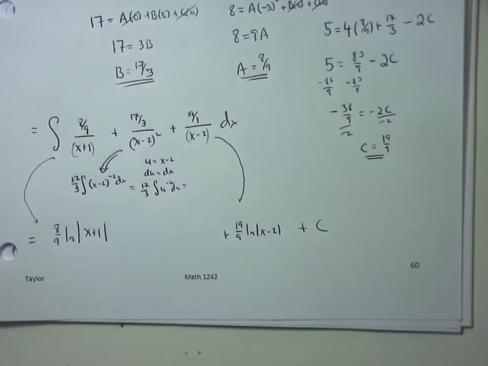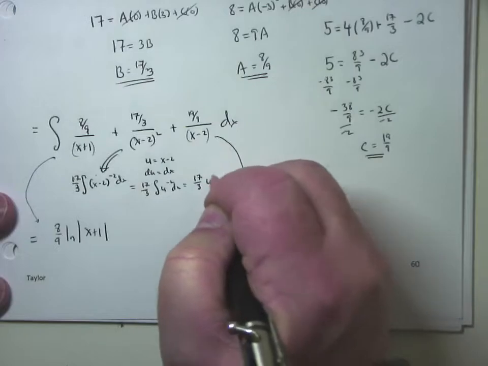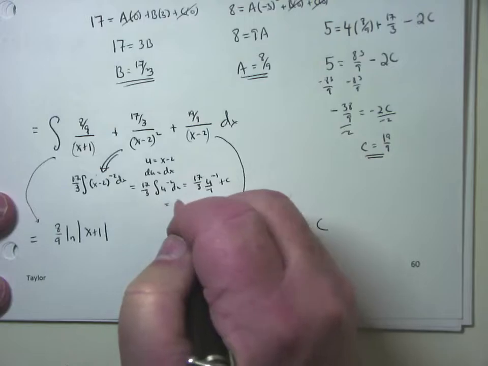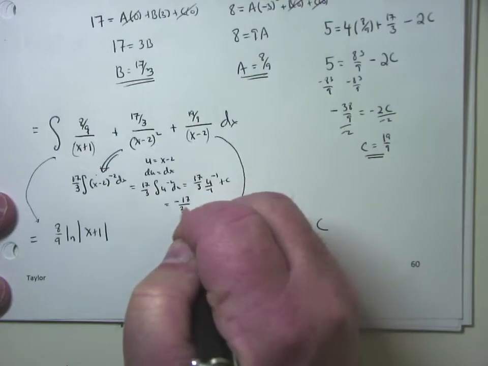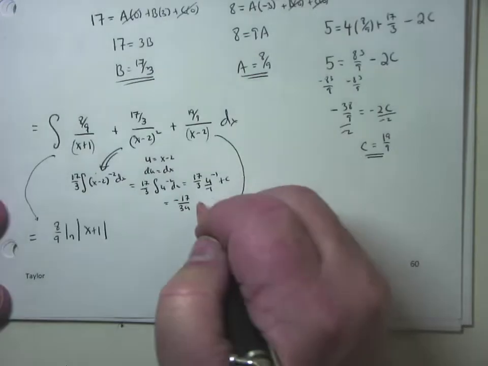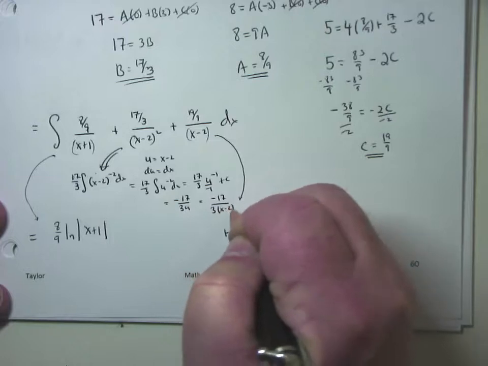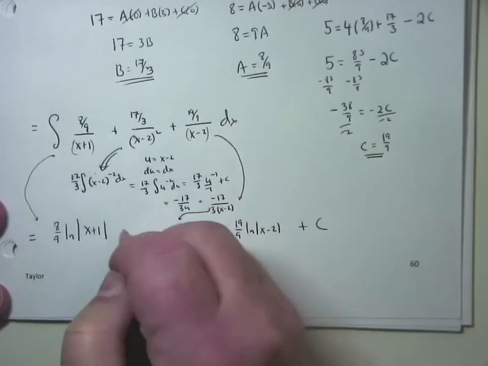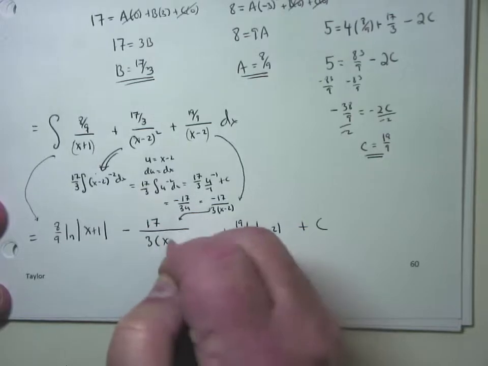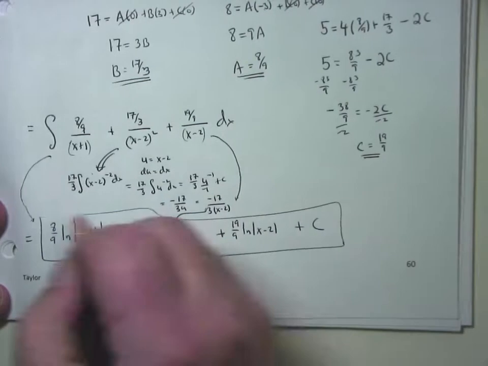So when I integrate that, that will give you 17/3 u to the add 1, negative 1 over negative 1 plus c. So when I clean that up, that gives you negative 17 over 3u. And the last thing I'm going to do is back substitute. That's going to give you negative 17 over 3 times u, but u was x minus 2. So that answer goes right here, and it becomes minus 17 divided by 3 times x minus 2, and this is my result.